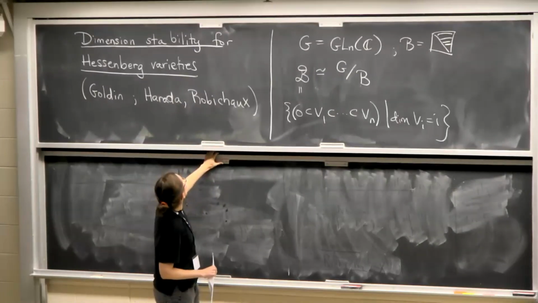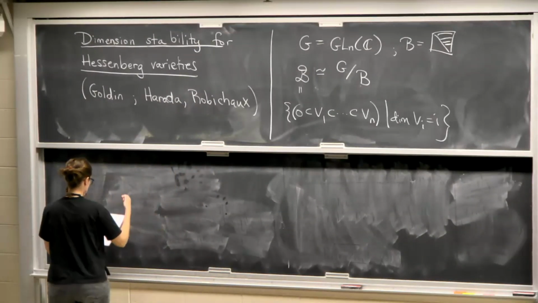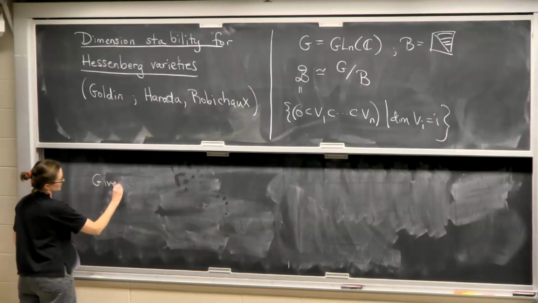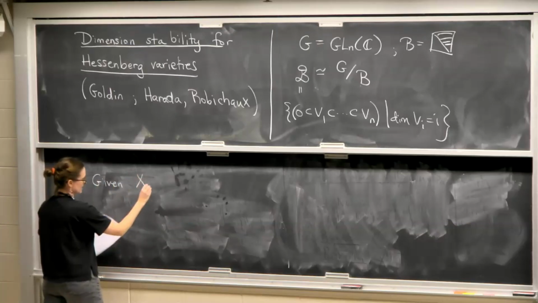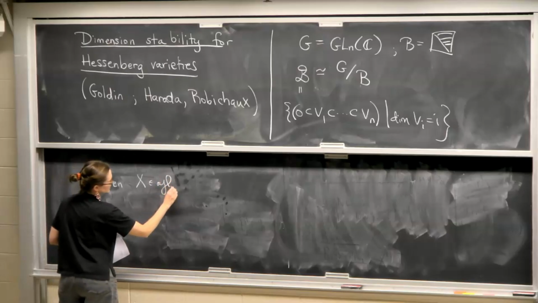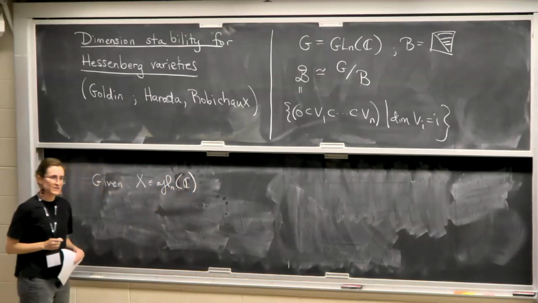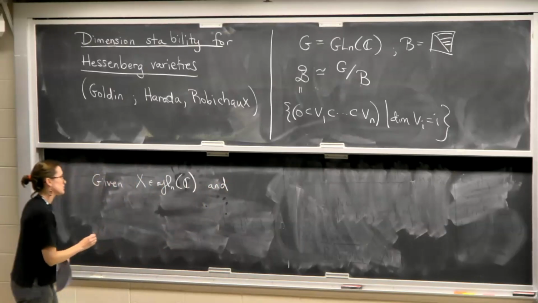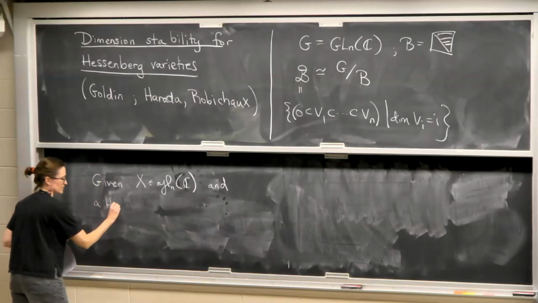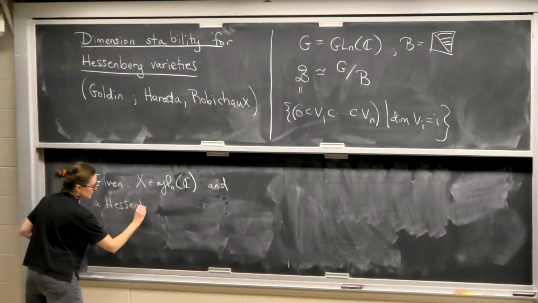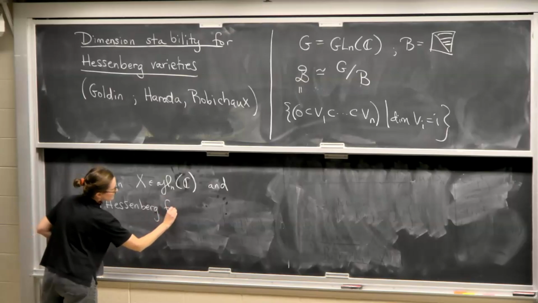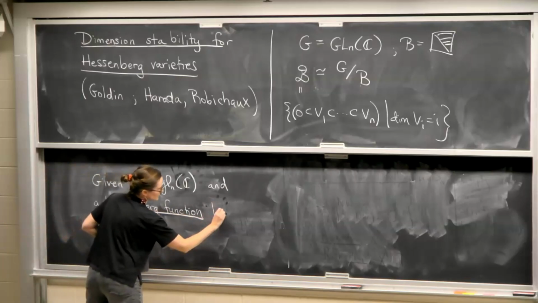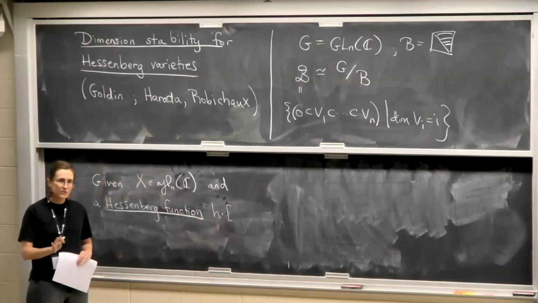So let's start by defining Hessenberg varieties. There's two pieces of input. Given a matrix X in the Lie algebra of n by n matrices, and given what's called a Hessenberg function, which I denote by lowercase h.